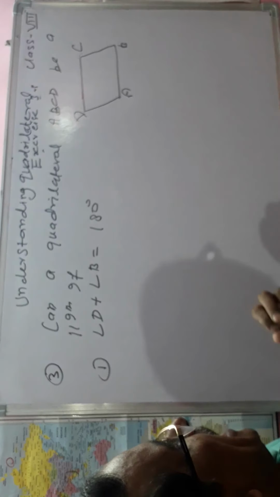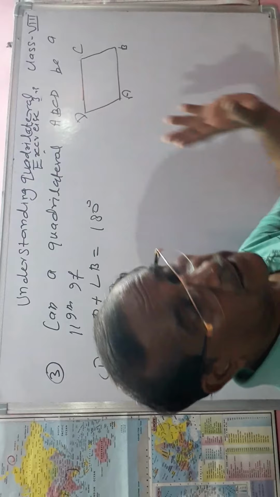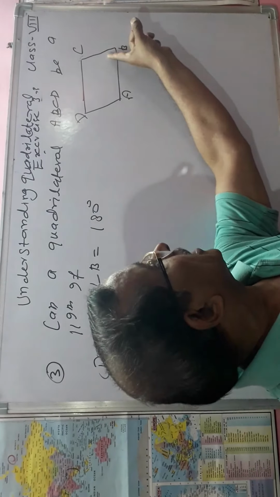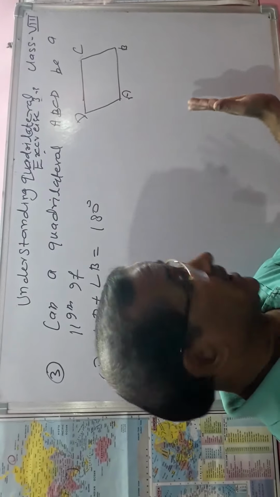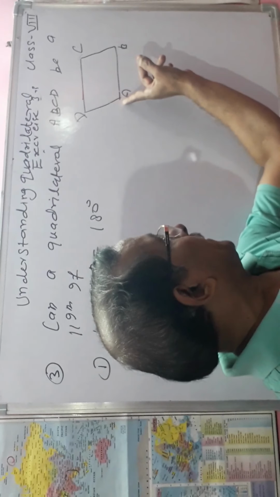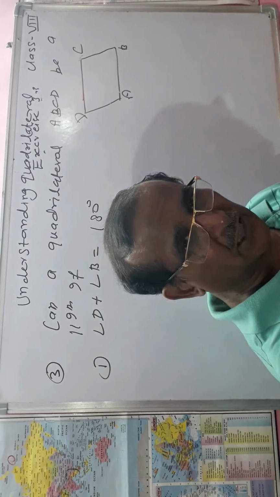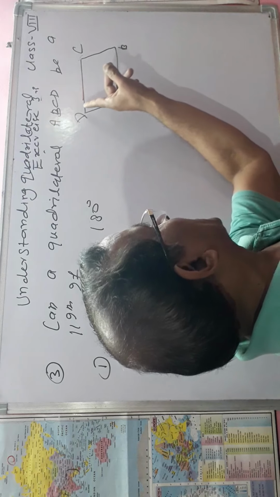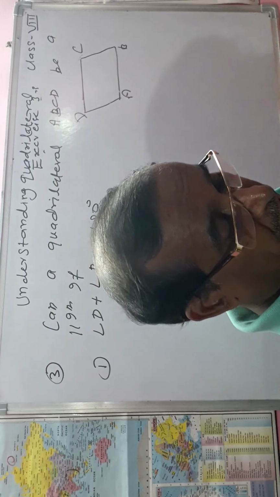Then angle B plus angle D is not equal to 180 because these are opposite angles. But the property is that the sum of adjacent angles, angle A plus angle B, is equal to 180, or angle A plus angle D is equal to 180.